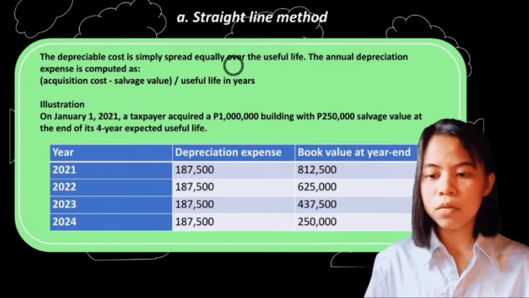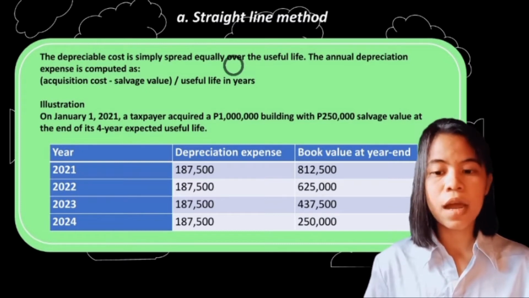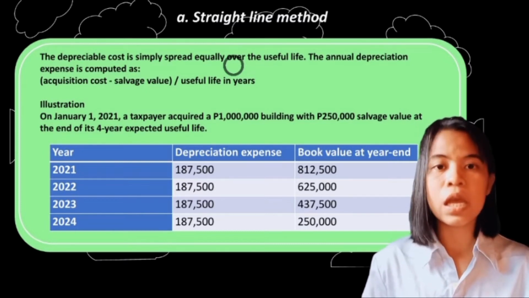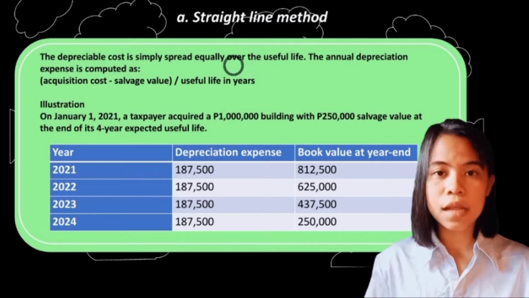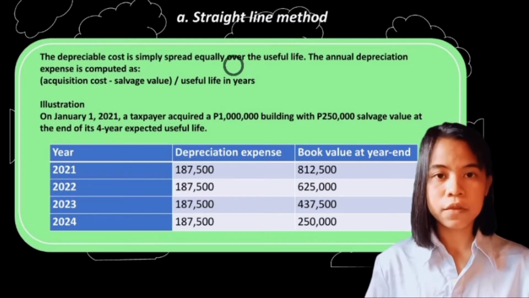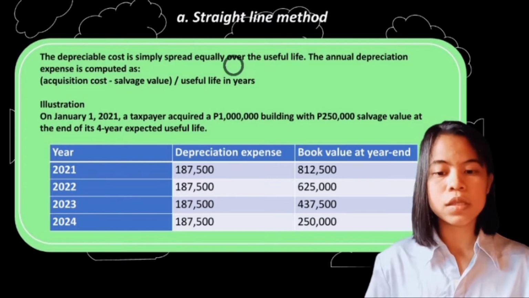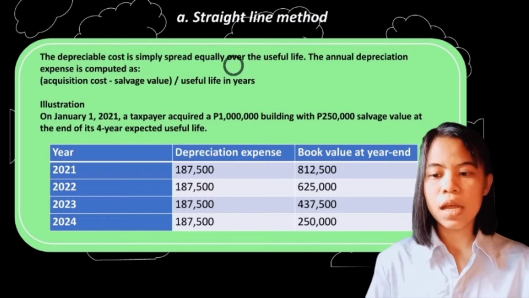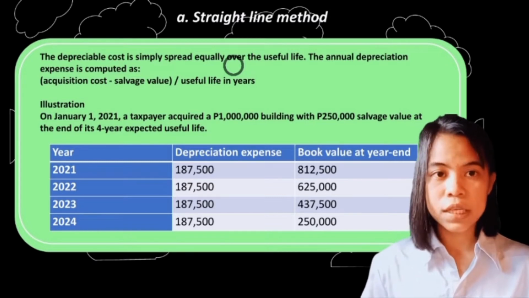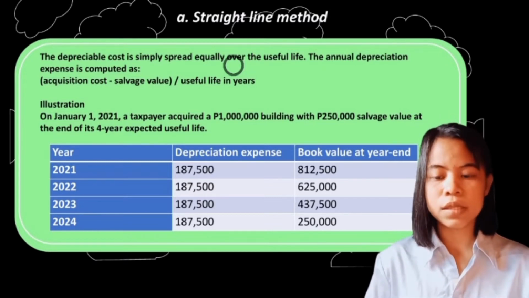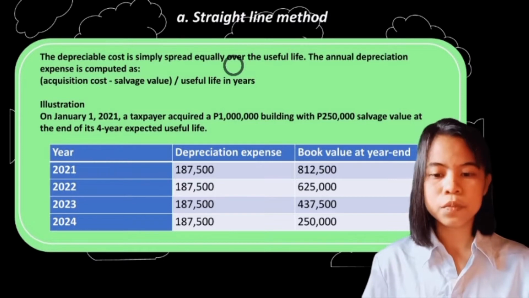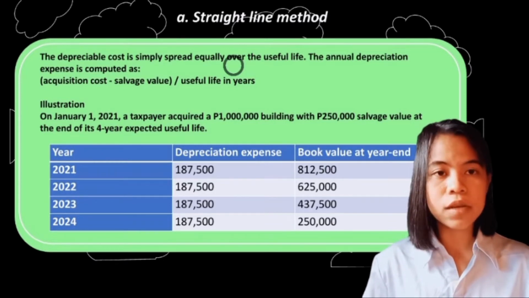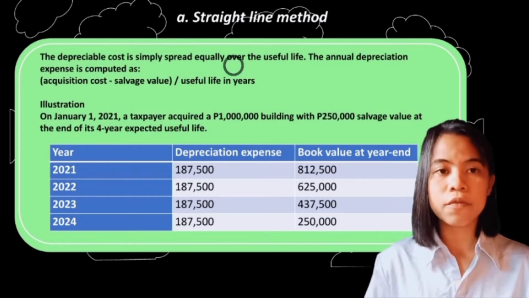On January 1, 2021, a taxpayer acquired a 1 million building with 250,000 salvage value at the end of its 4-year expected useful life. Note, the cost is 1 million, the salvage value is 250,000, and the useful life is 4 years. So we have an annual depreciation expense of 1 million less 250,000 divided by 4 years.